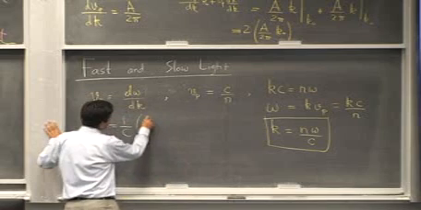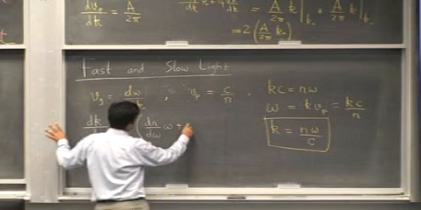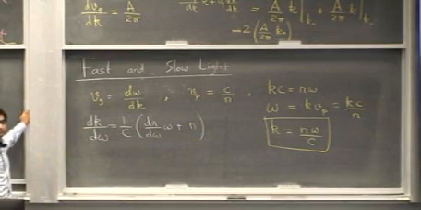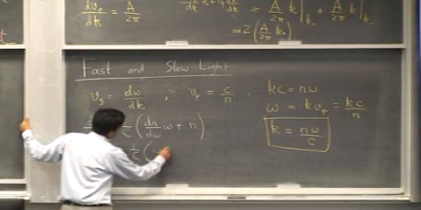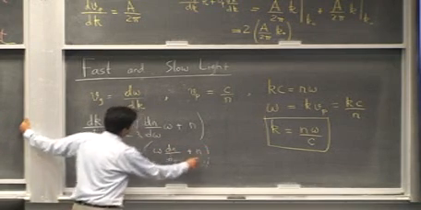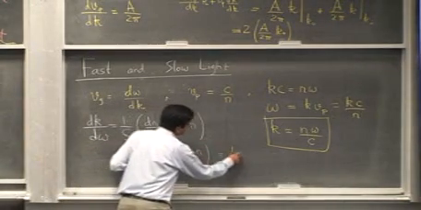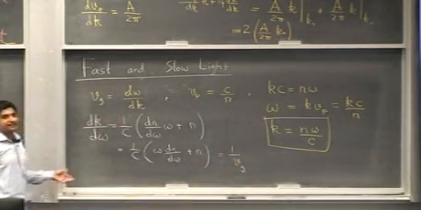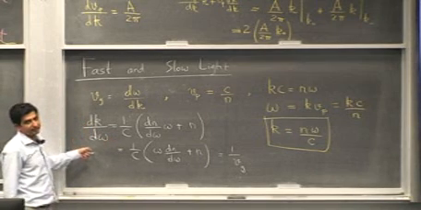I get dn over d omega times omega plus n, which is one over c times omega dn over d omega plus n. But what is this? Is this equal to the inverse of the group velocity? Yes. It is nothing but the inverse of the group velocity because it's dk over d omega.